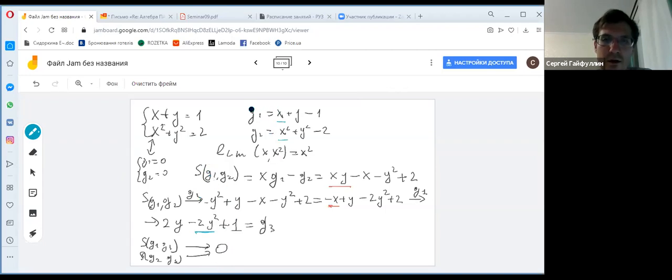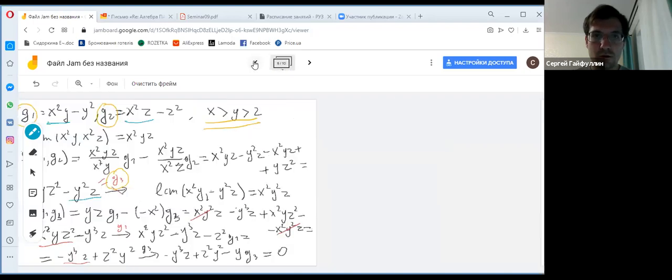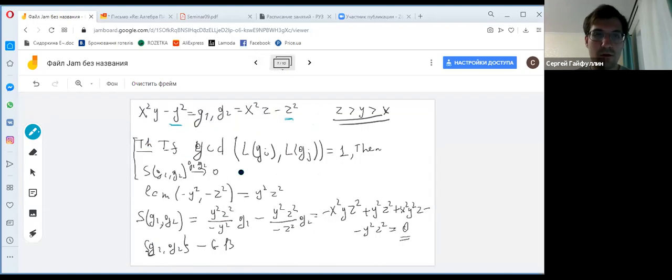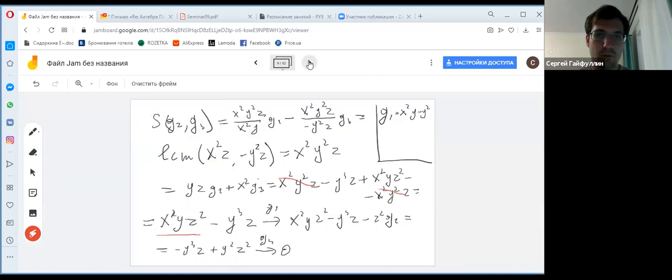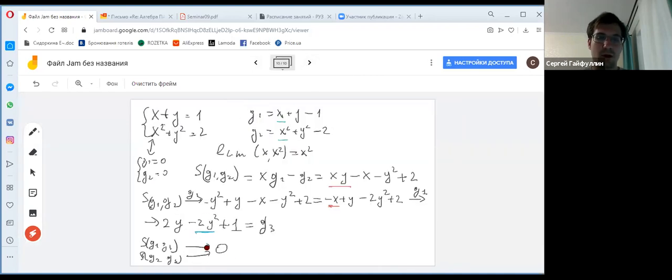And in g1 and g2, the leading terms are x and then x squared. So the leading terms are relatively prime. And I can use this theorem, and say that as polynomials they can be reduced to 0. So now g1, g2, and g3 is a Gröbner basis.